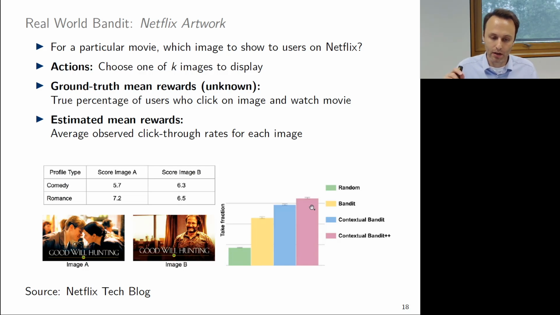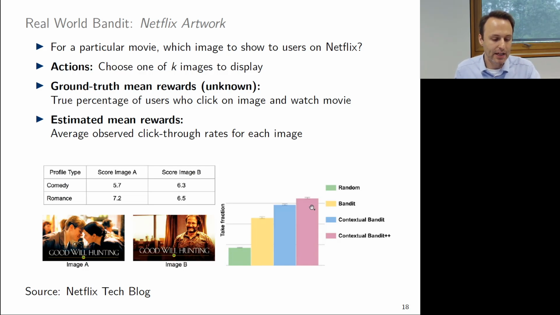We don't know how many people will click on the image and watch the movie, so we need to estimate that. And we can even use some context in more complicated bandit models. For example, the user's history or preferences for specific types of movies.